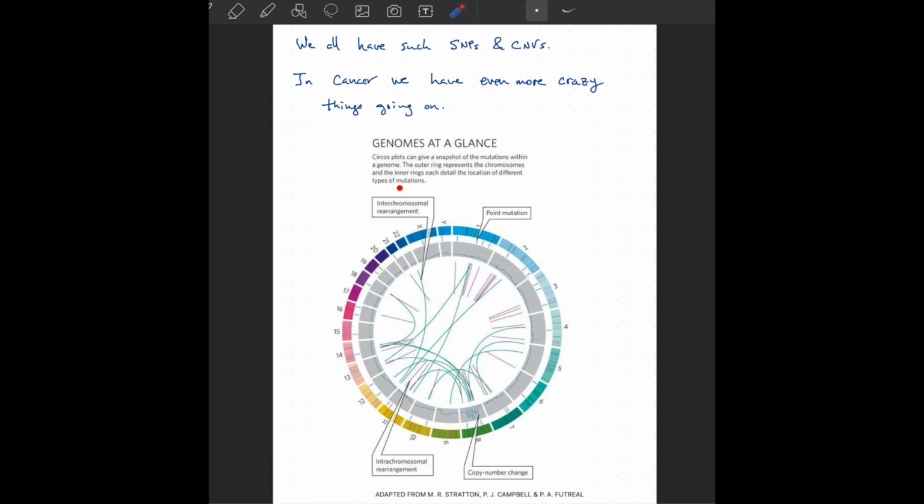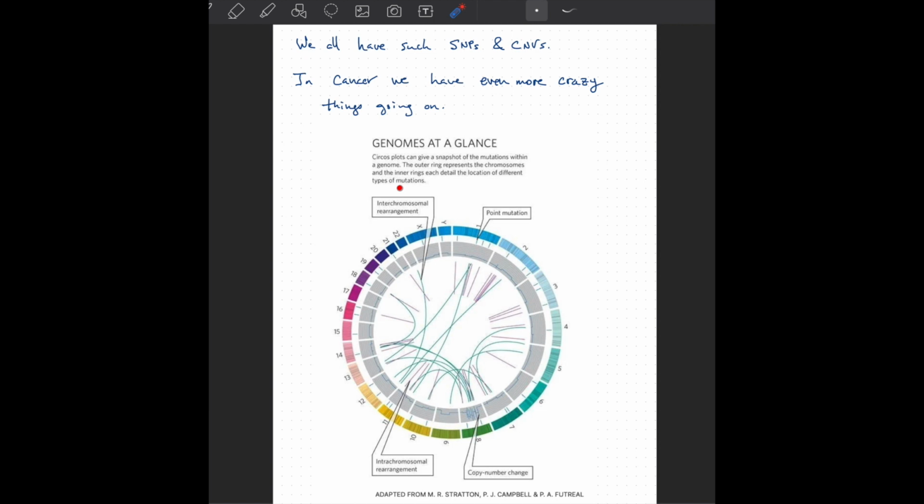The copy number variants can also occur in so-called junk DNA regions, but they might also affect coding regions, and they likely do have a role to play in what makes each of us unique and different. In cancer, though, we have literally crazy things going on.